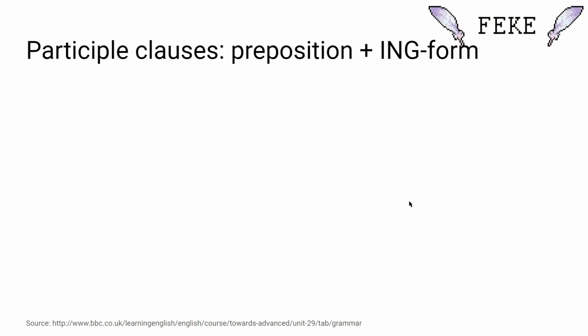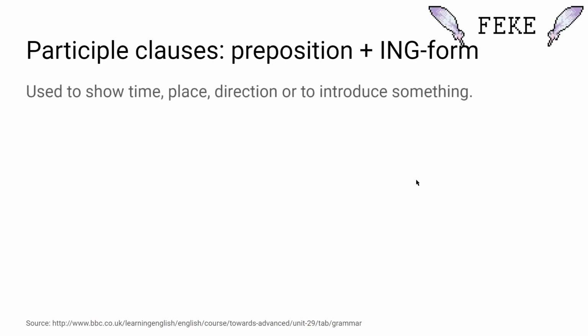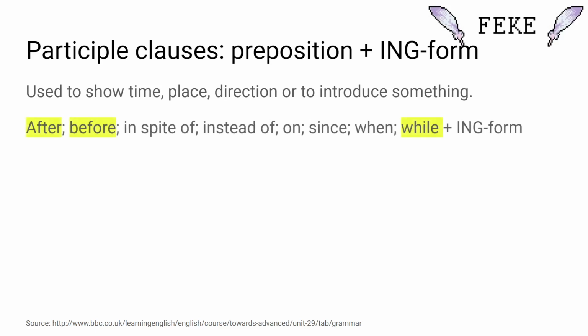Finally, we have the participle clauses where we combine prepositions together with an ing form. This helps us to illustrate the place, the direction, or the time something has happened, or, for example, if we wish to introduce something to a sentence. Here are a few examples of common prepositions.